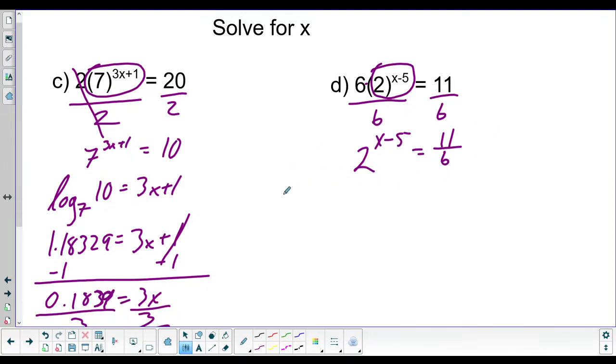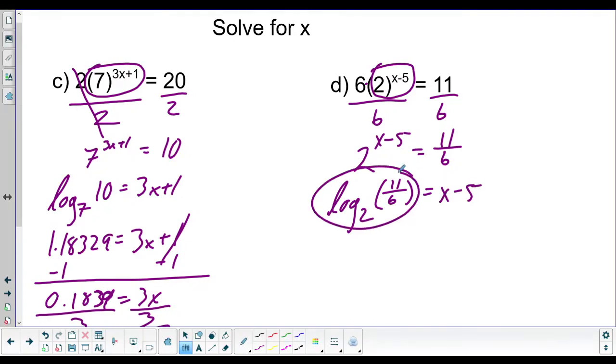Rewrite this as a log, just like we did over here. So we have log base 2 of 11 over 6 equals x minus 5. Type this into your calculator. You don't even have to do it by hand. So we have log of 11 over 6 with the base of 2.